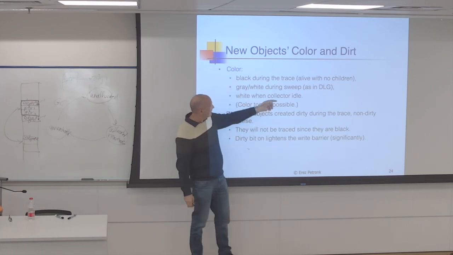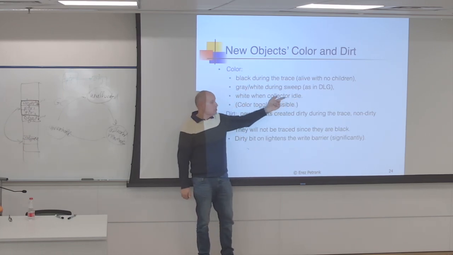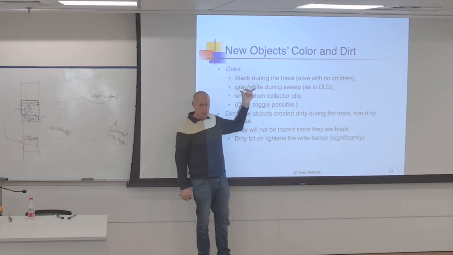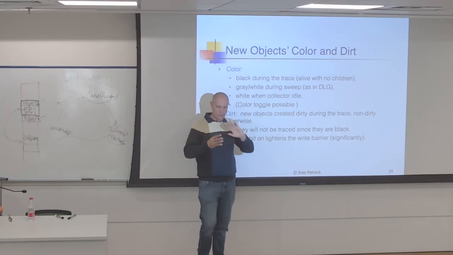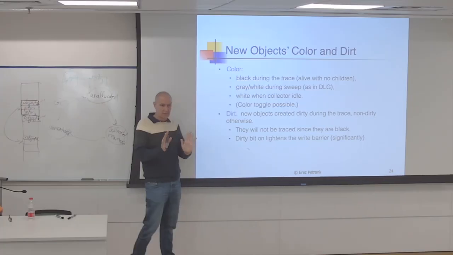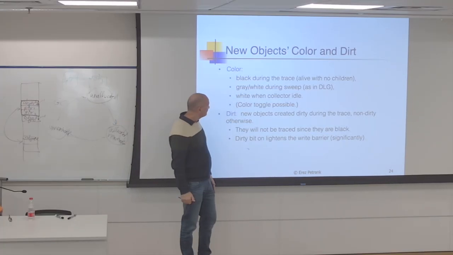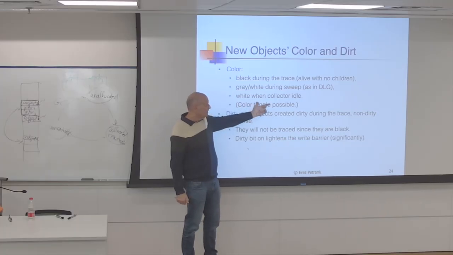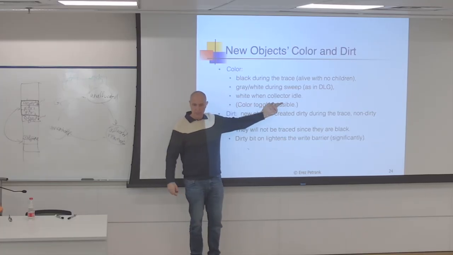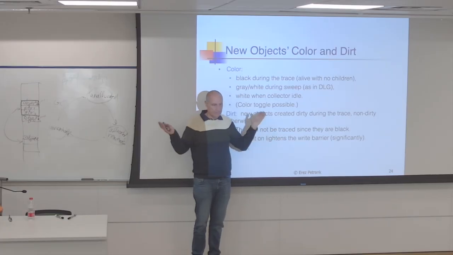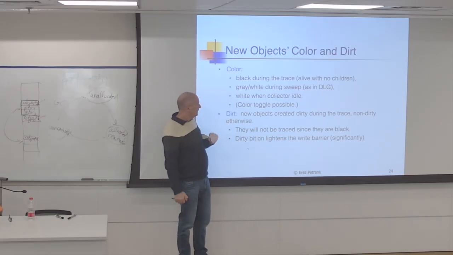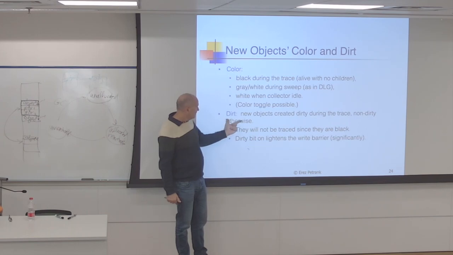And if I'm doing sweep, then like in DLG, I need to give it a gray or white color. I think you had an exercise in homework about doing this more elegantly, which is the right way to do it and the way that everybody does it in production. And if the collector is not active at all, it's not marking, it's not sweeping, then just make it white. Okay, so in terms of the color, it's clear.